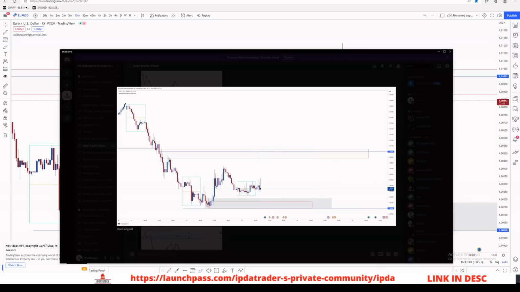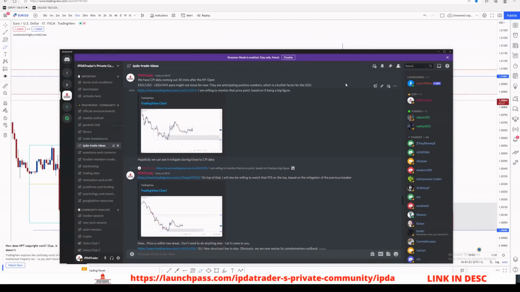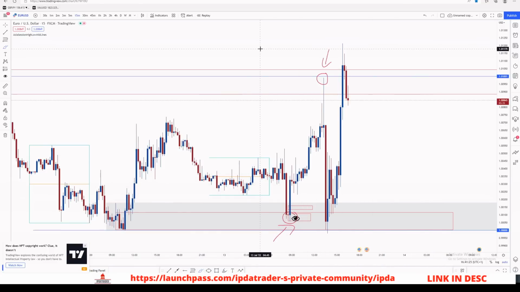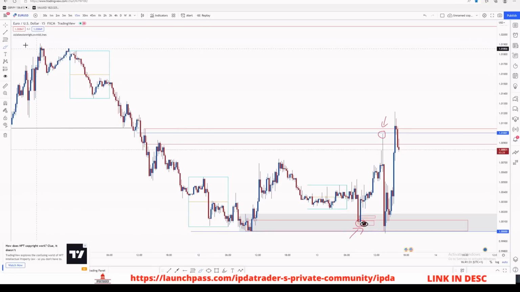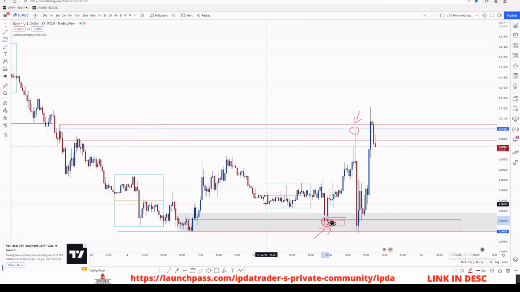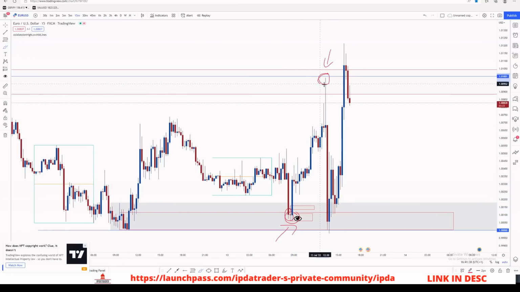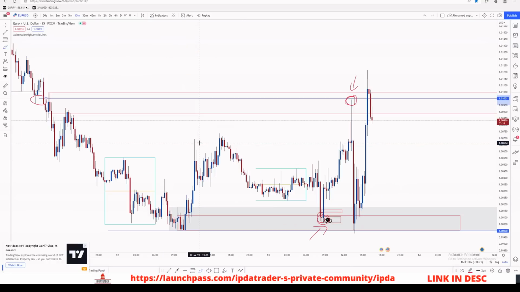So I did share with everybody that I was looking for those areas, and a little bit of my perspective and the CPI, always trying to give people in the community those reminders, which is important. And as you can see, we bought from here as expected, and we sold from this area almost to the tick in terms of the key level that I was looking at, which is discussed in the key levels guide on my channel.